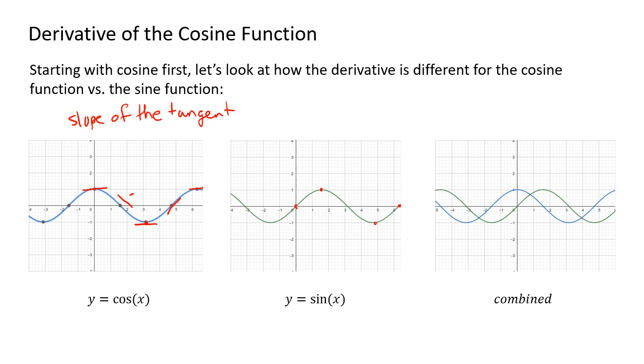Okay? So what you'll notice here is we were backwards to it, right? So when the slope of the cosine curve was negative, the value of sine was positive. And when the slope of the cosine curve was positive, the value of sine was negative. Other than that, the points were equal, right?